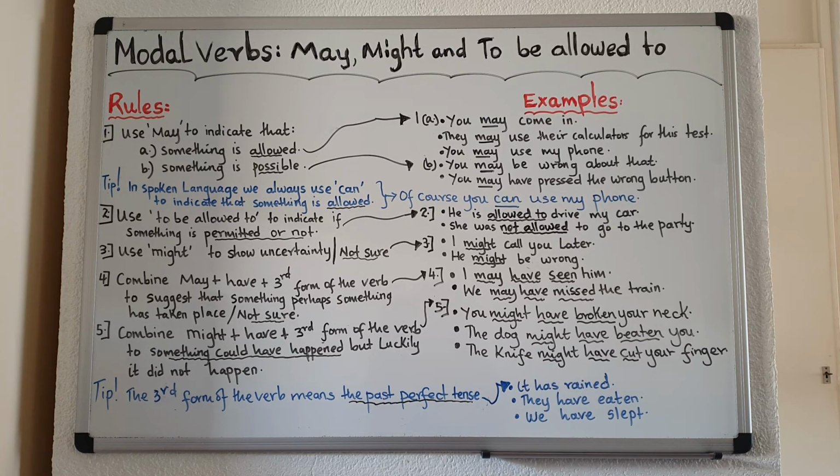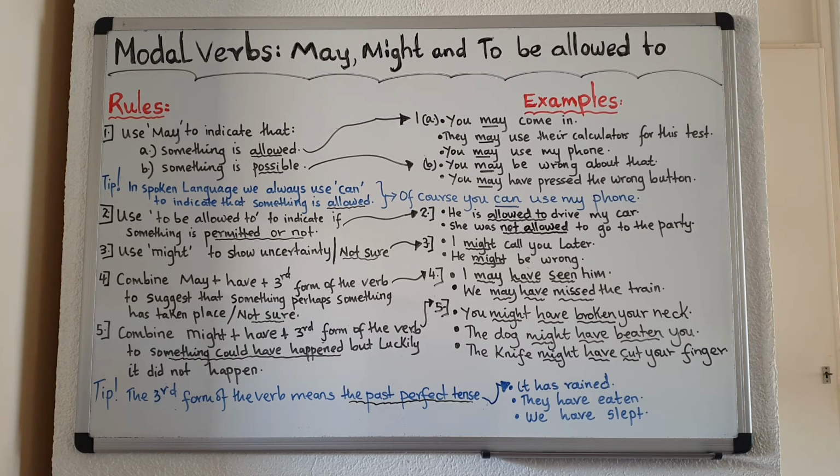So when you want the other person to know that maybe something has taken place, or maybe it has not taken place, when you're not sure, use the combination of "may" plus "have" plus the third form of the verb to suggest that perhaps something has taken place.